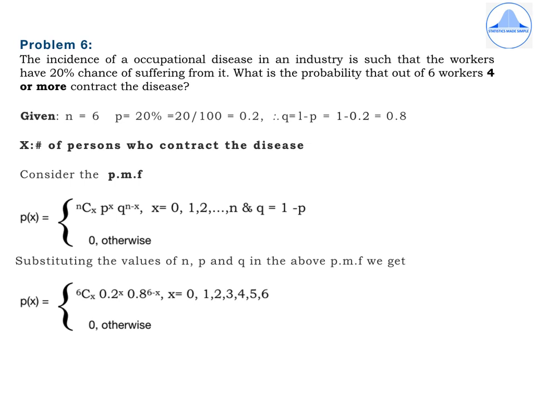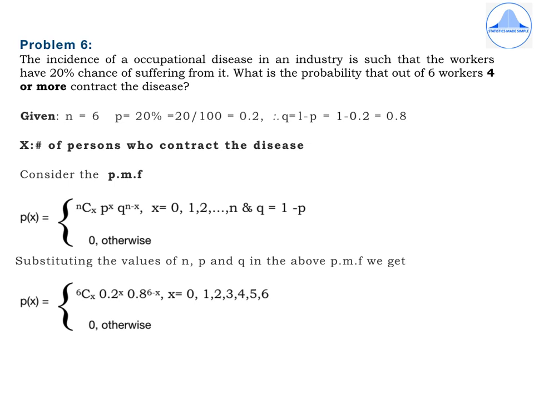Problem 6. The incidence of an occupational disease in an industry is such that the workers have 20% chance of suffering from it. What is the probability that out of 6 workers, 4 or more contract the disease? So first identify the parameters of the binomial distribution, that is n and p.